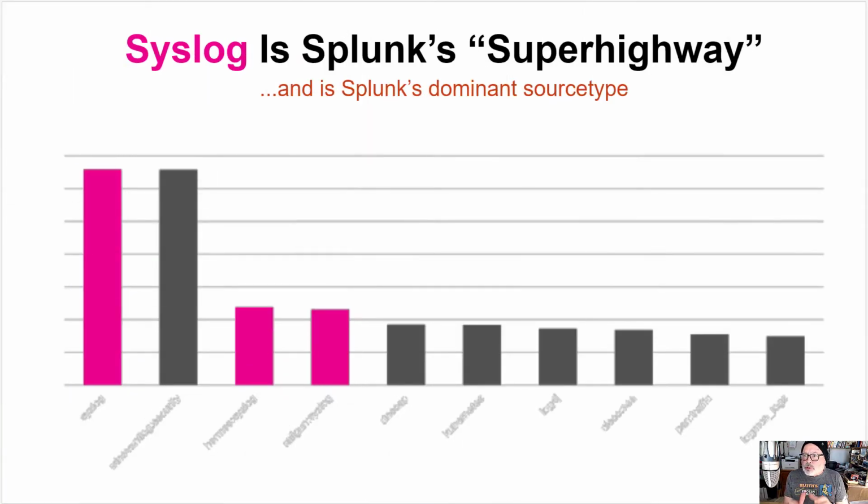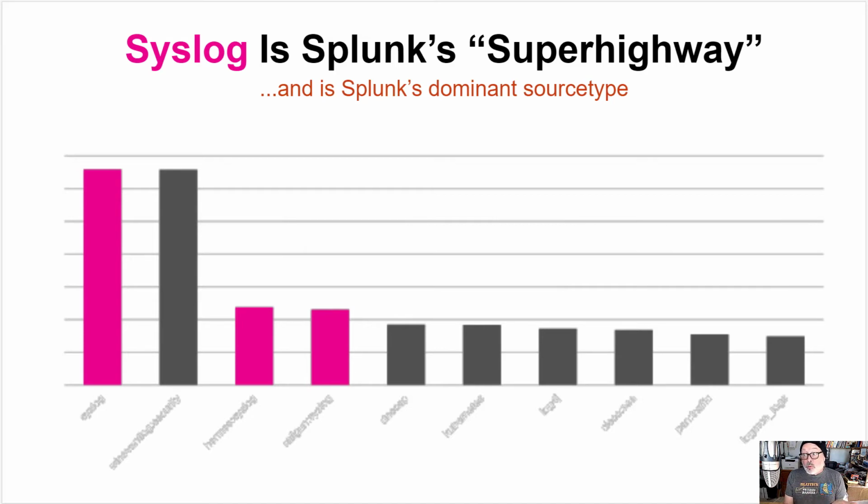So to build out a reliable and lossless Syslog ingress, please use the SC4S method. Remember, Syslog is the Splunk superhighway of data, as more Syslog data is collected by Splunk users than any other data type, including WinEvent log security.